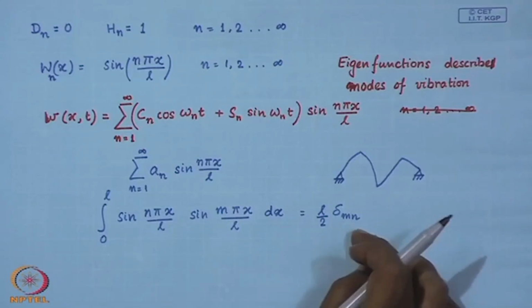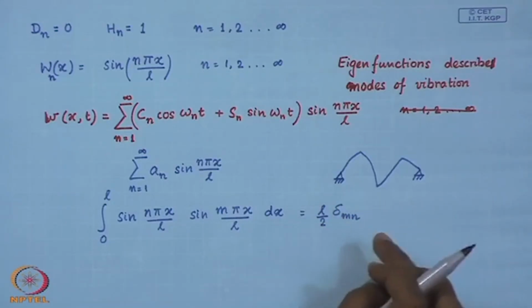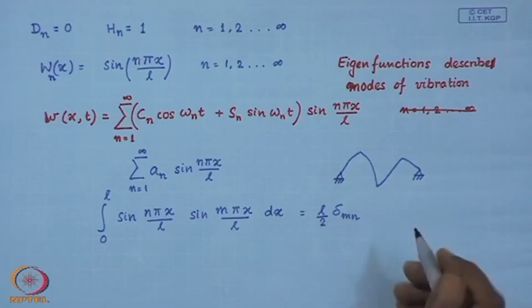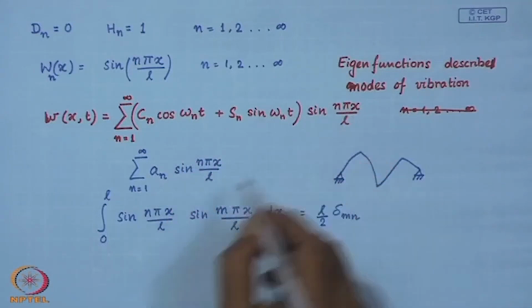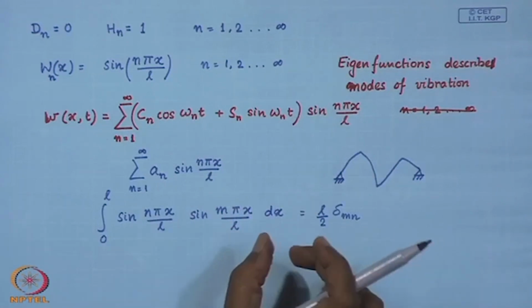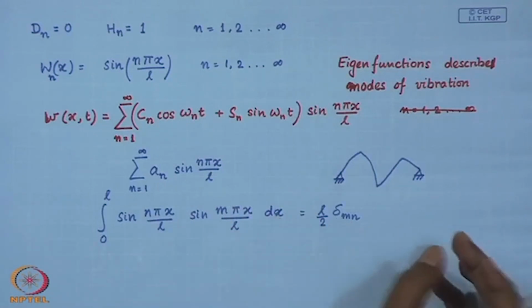So, which means if m is not equal to n, this is 0, if m equal to n, this is L by 2. So, these are orthogonal. So, sin pi x over L is orthogonal to sin 2 pi x over L, etc.